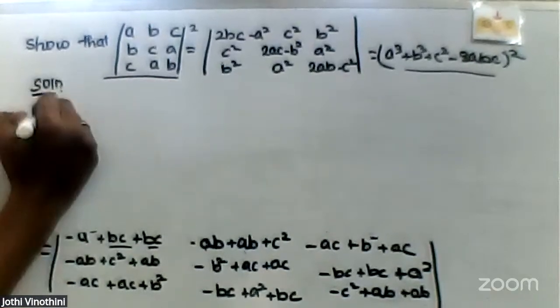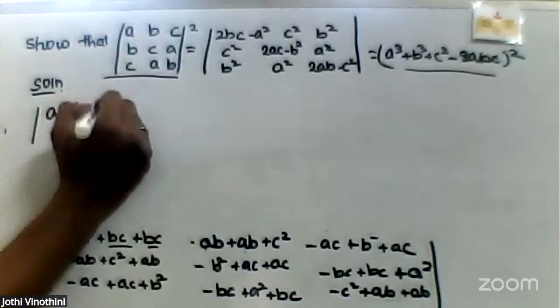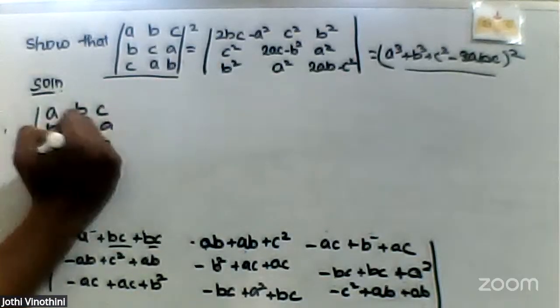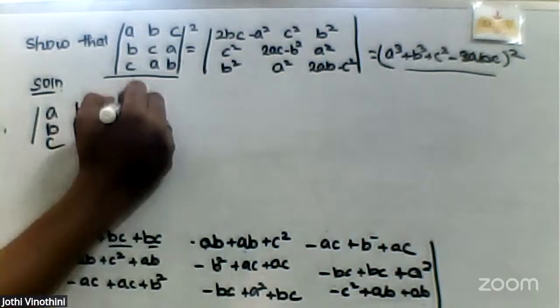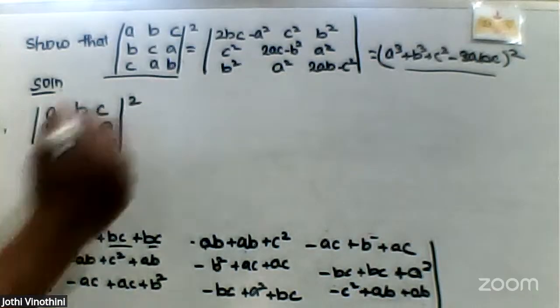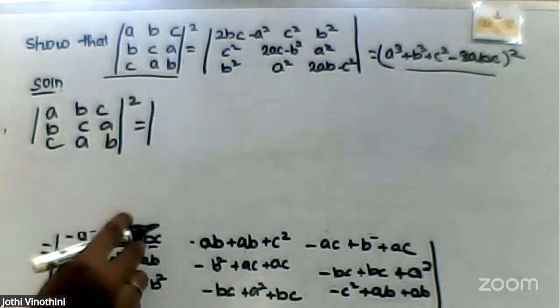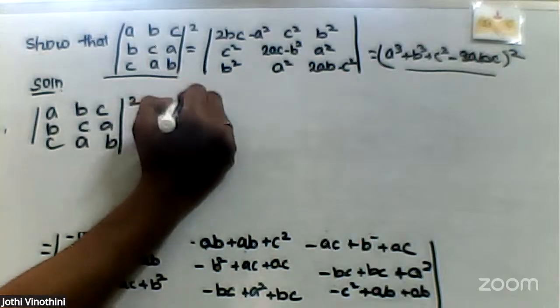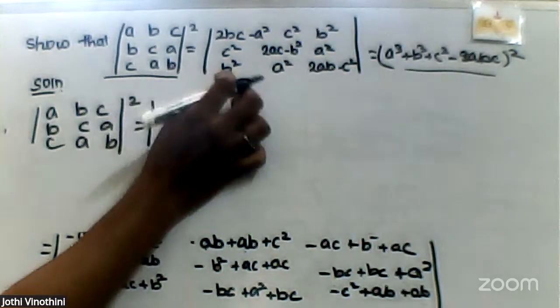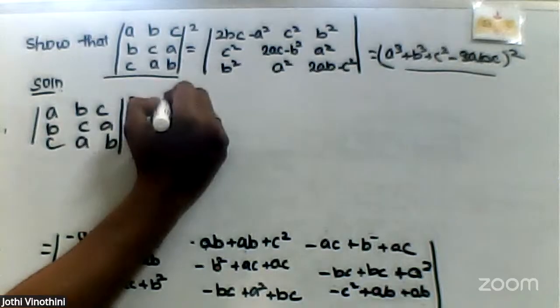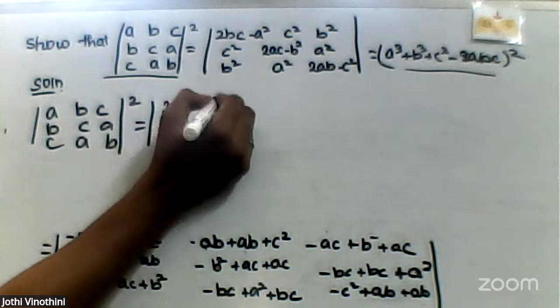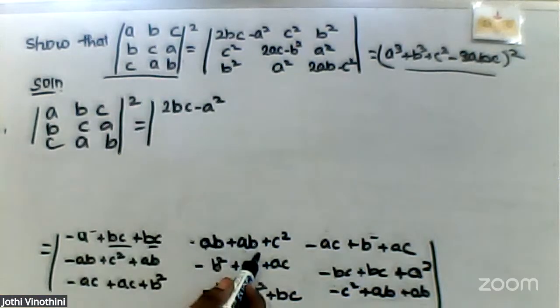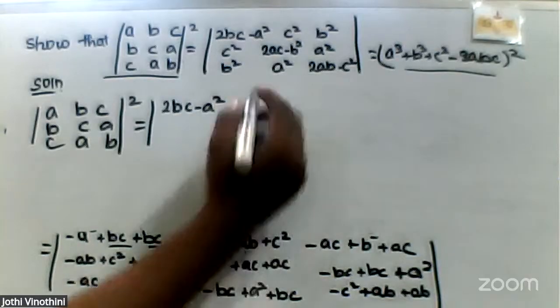We started to solve the determinant A, B, C, B, C, A, C, A, B the whole square. This is what we started to solve and this is the final result of this. First term 2BC minus A squared and in second term minus AB plus AB get cancelled.